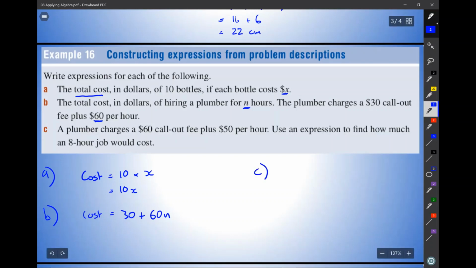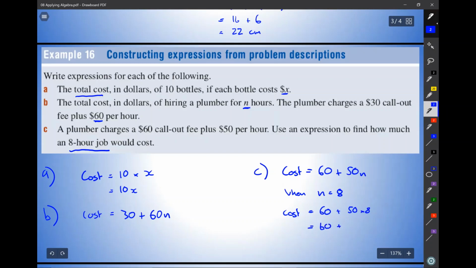Let's look at the last example, where again, we're trying to come up with an expression for cost. This time the call out fee is $60 and the per hour rate is 50. And we've been asked to calculate the cost for an 8-hour job. So when n equals 8, cost equals 60 plus 50 times 8.